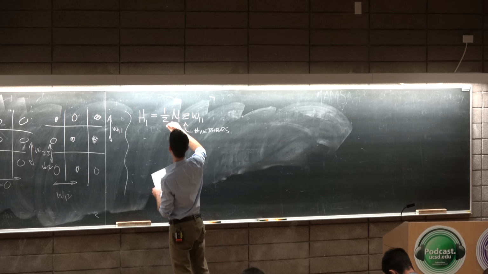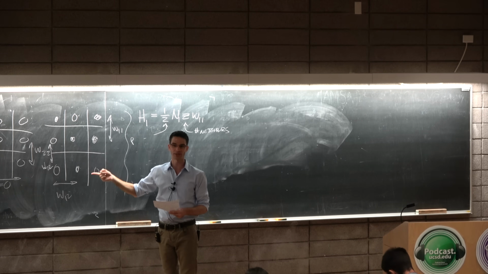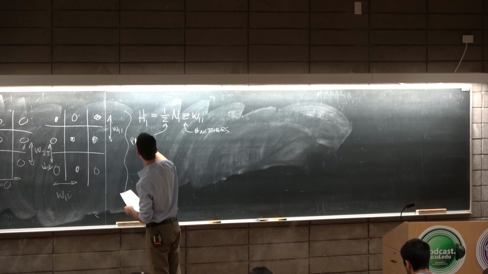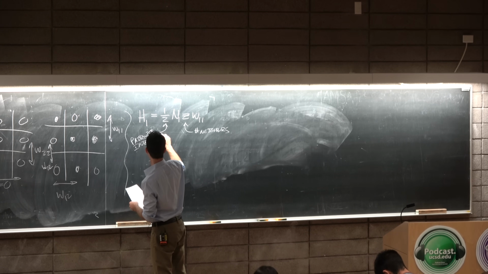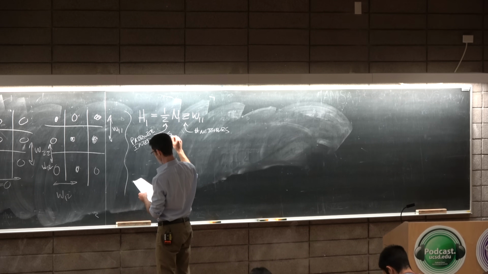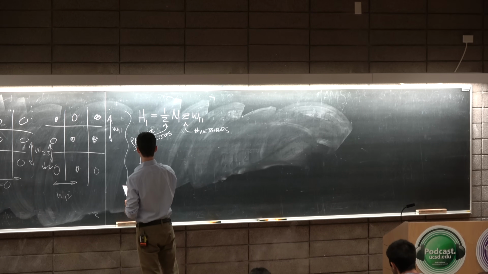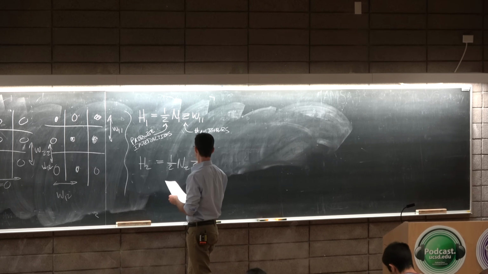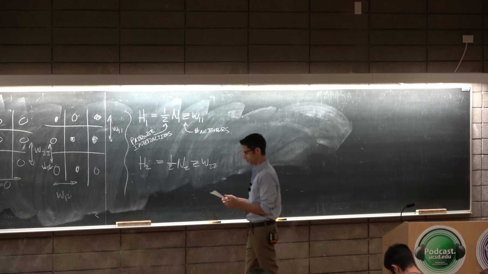The 1/2 is to prevent overcounting, because these are pairwise interactions. You don't want to count the same one twice. And H2 is 1/2 N2 times Z times W22.